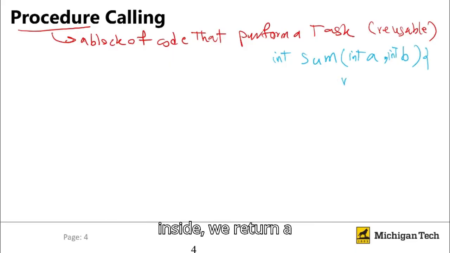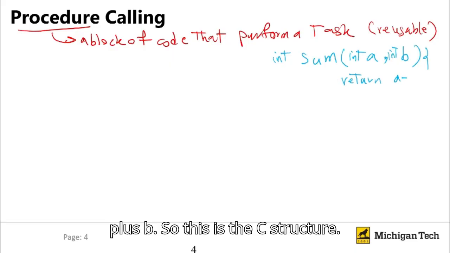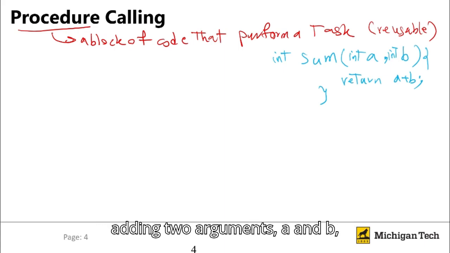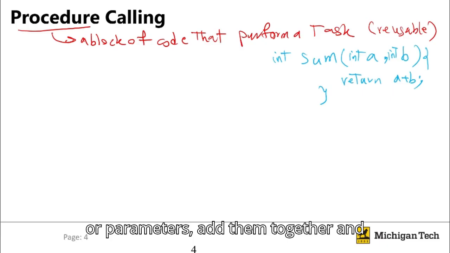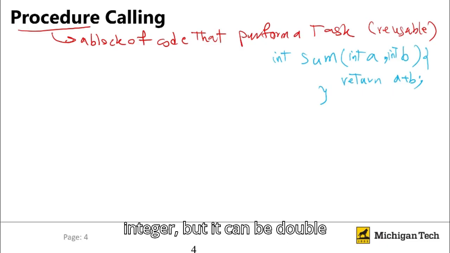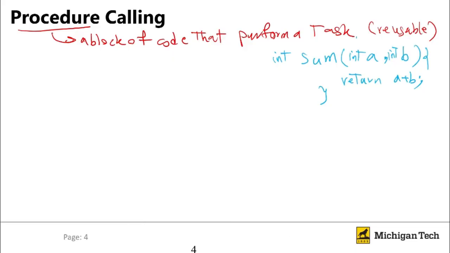And inside we return a plus b. So this is the C structure. So you have a function called sum that is adding two arguments, a and b, or parameters, adds them together and returns the result. We consider here integer, but it can be double, integer or long integer. That integer is 16 bits in C.